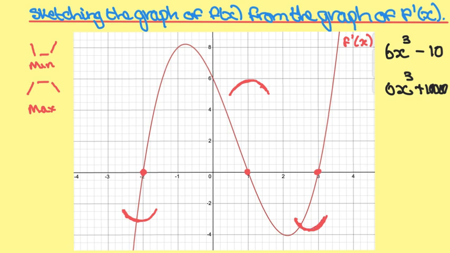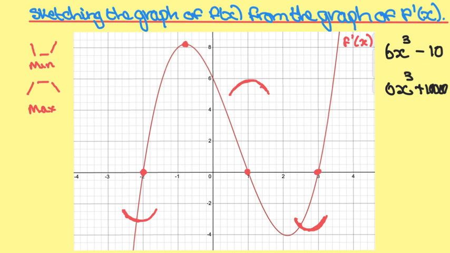I've also got two other points that I need to be aware of. I've got one here where the gradient, because remember this is our gradient graph, is 0. And where the gradient is 0 indicates that we have a point of inflection.